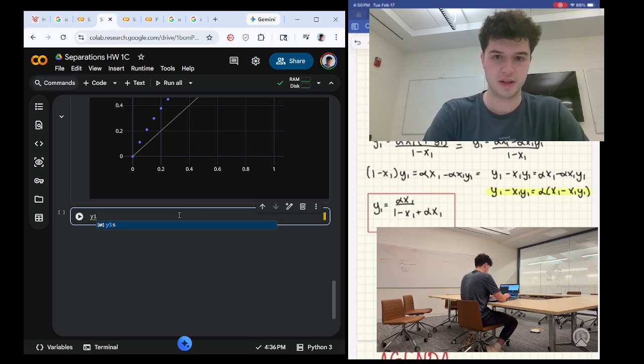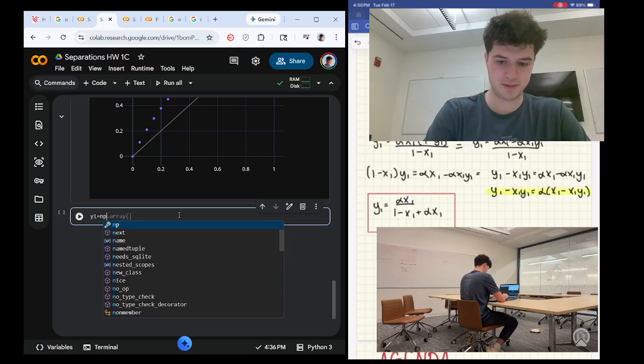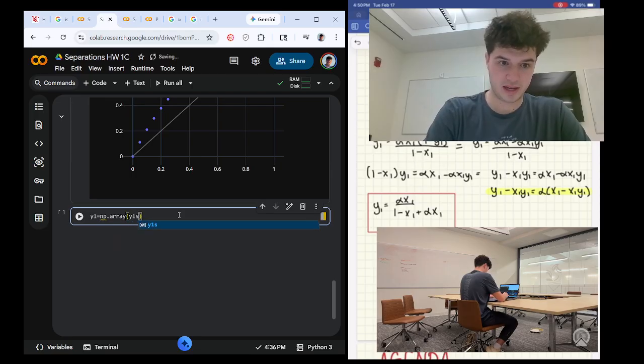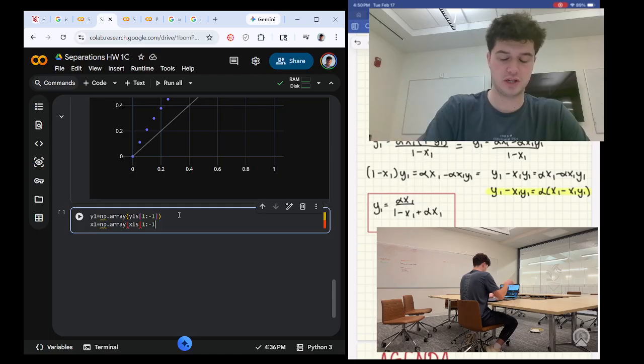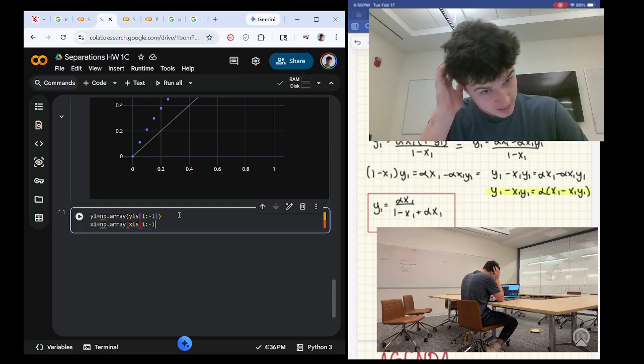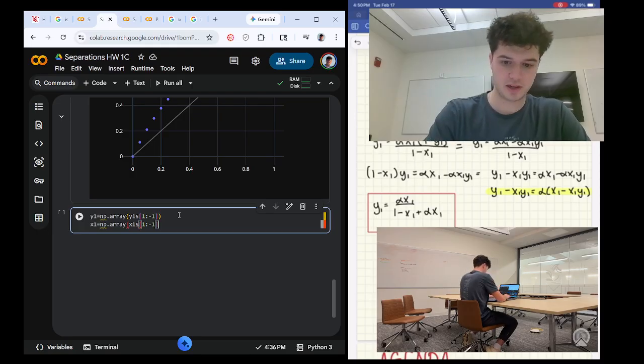So first, we'll do y1 equals np.array, which is going to be y1s bracket 1 colon, and that will be getting rid of the first number in the first column. And then we want to do the same thing with x1. All we have to do is add our bracket.